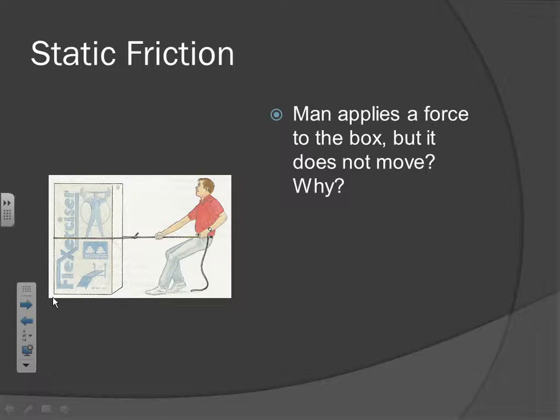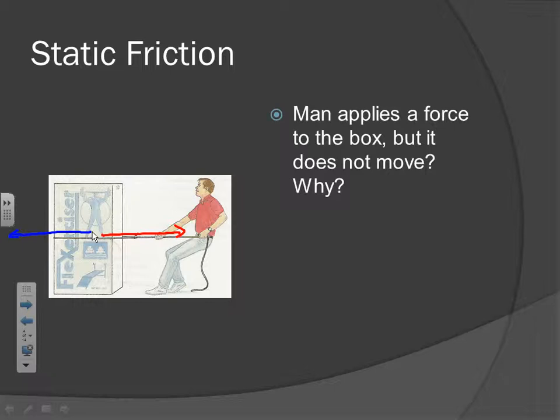Equal. Not bigger, equal. If this is his force and he's pulling this way, and there was another force in the other direction, Eris, if blue was bigger than red, what would happen? The man would get pulled in the left direction, and that doesn't happen either, right?